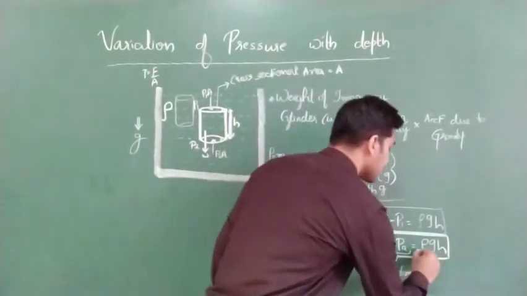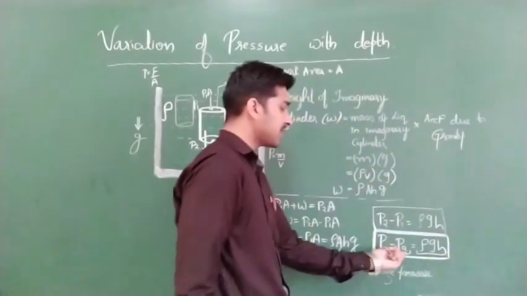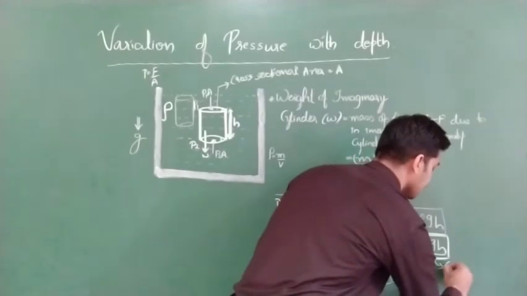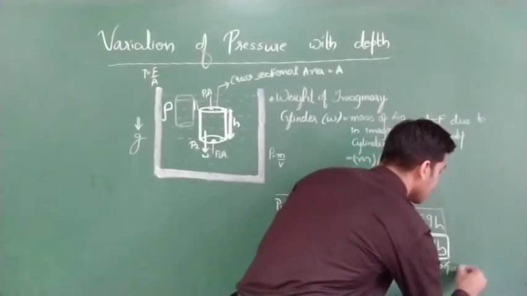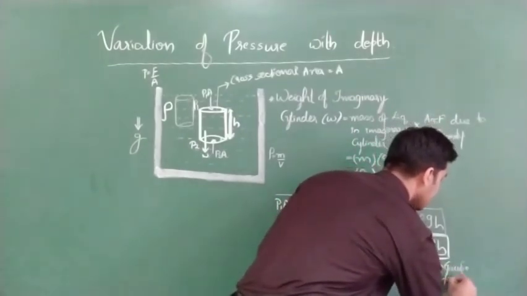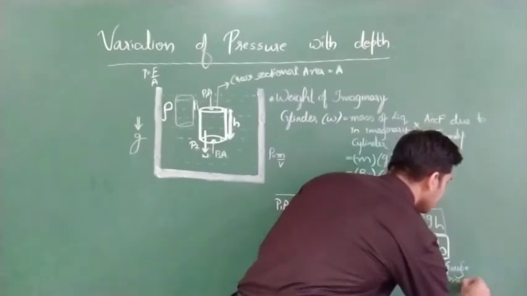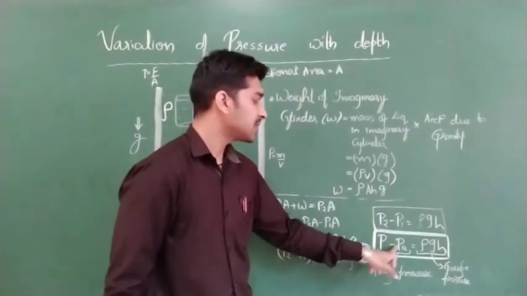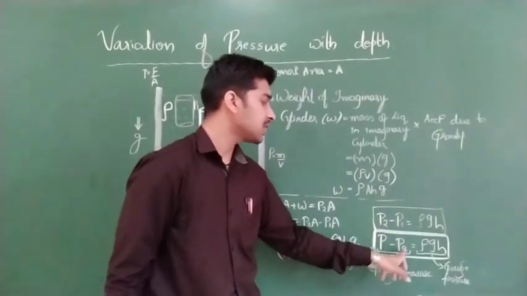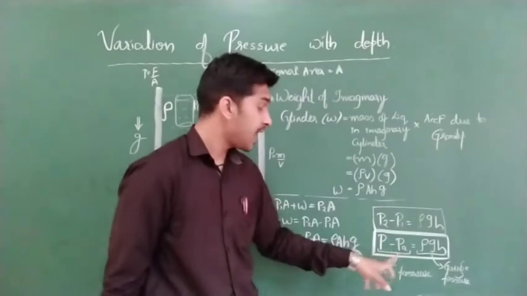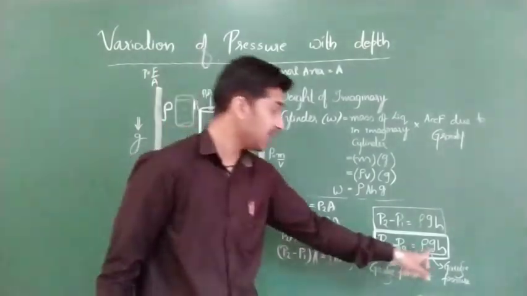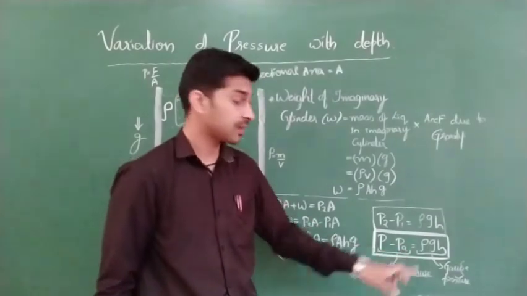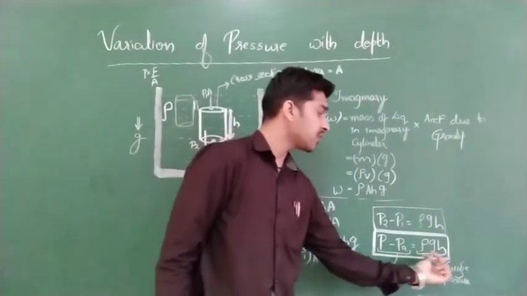If you refer to books, in some books they will call P minus PA the gauge pressure, and in some books they will call rho GH the gauge pressure. So don't get confused. Gauge pressure is basically the difference between actual pressure below the depth H and atmospheric pressure PA, and that value turns out to be rho GH.